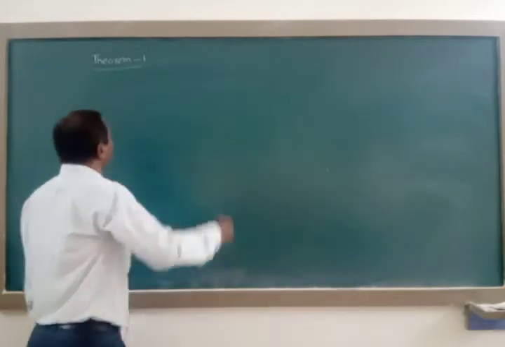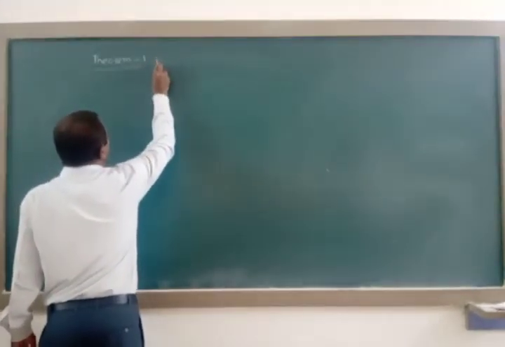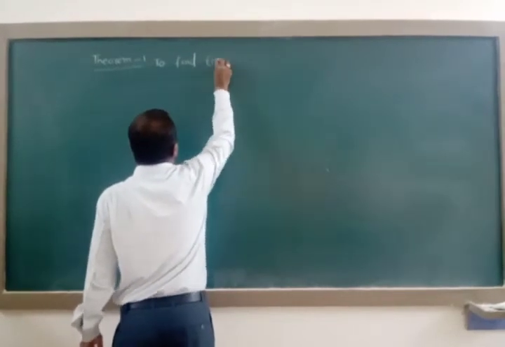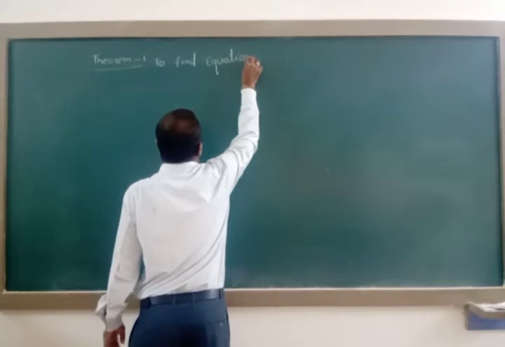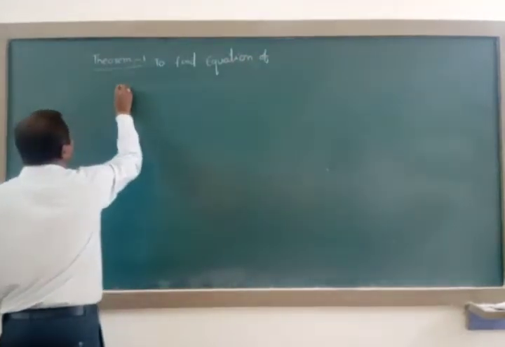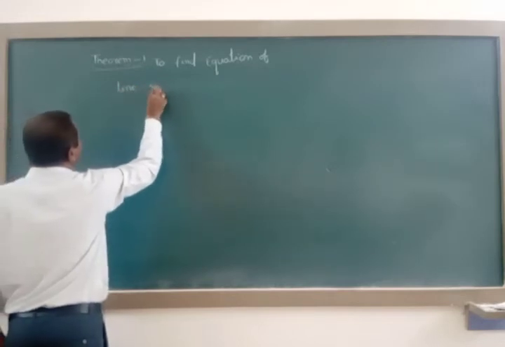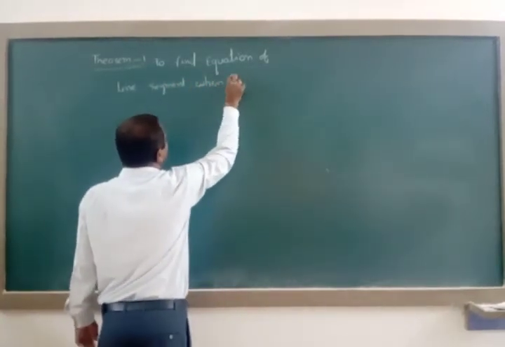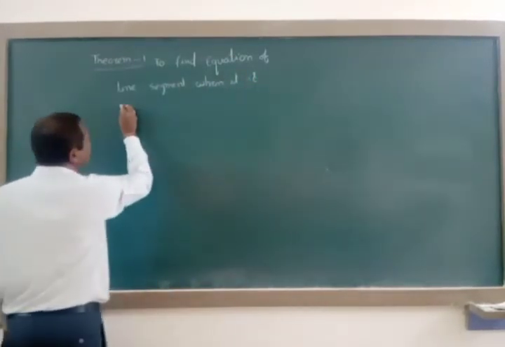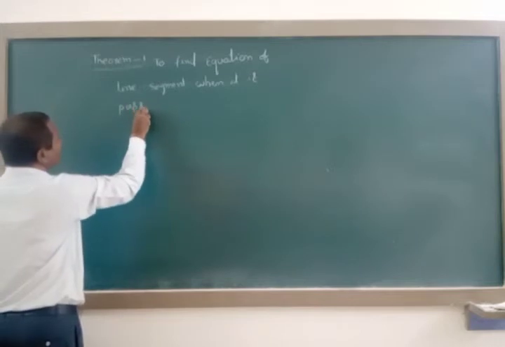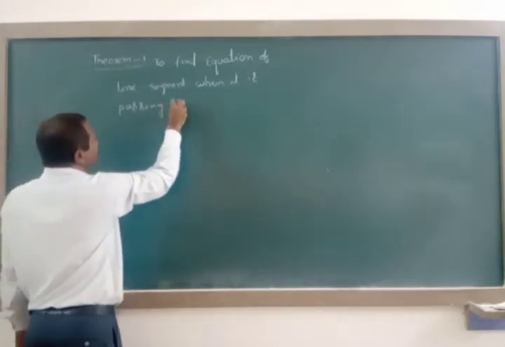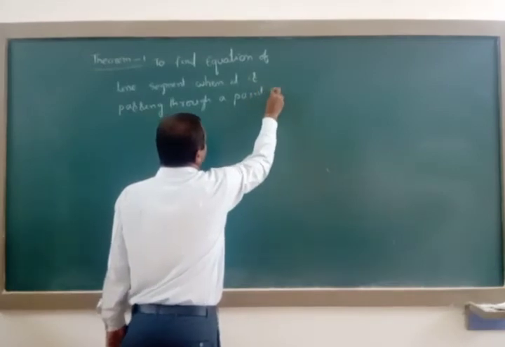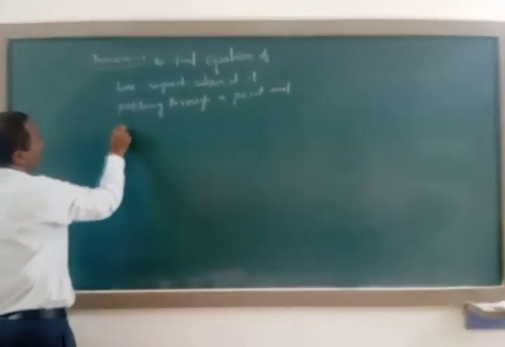To find the equation of a line segment when it is passing through a point and parallel to one vector.